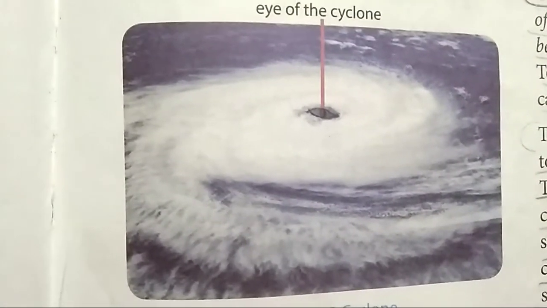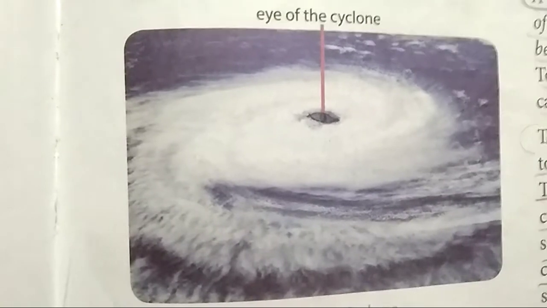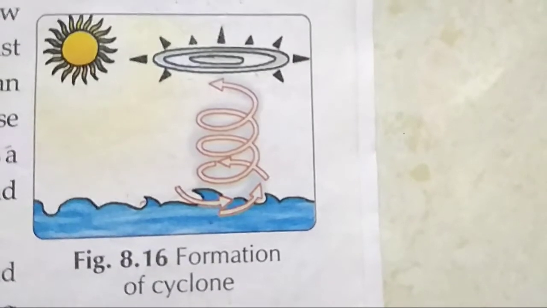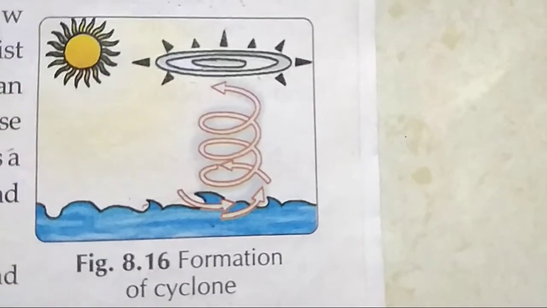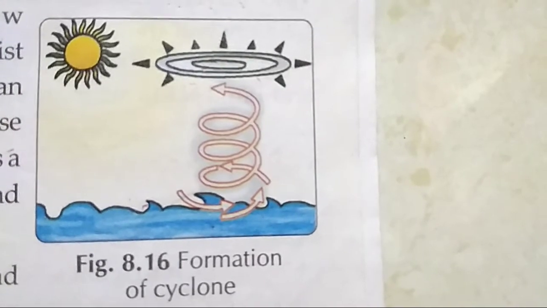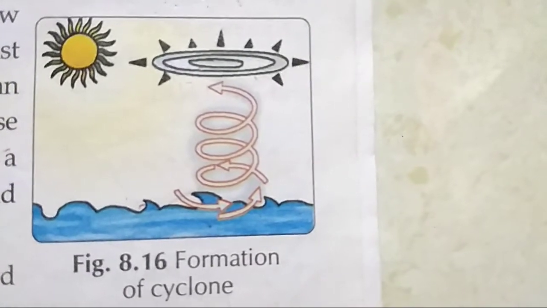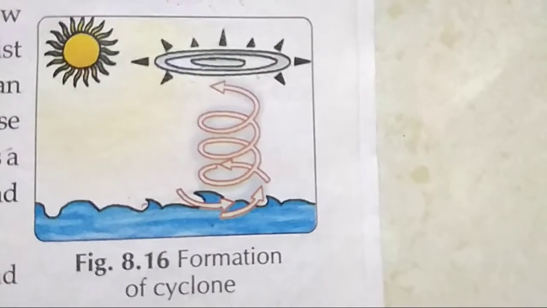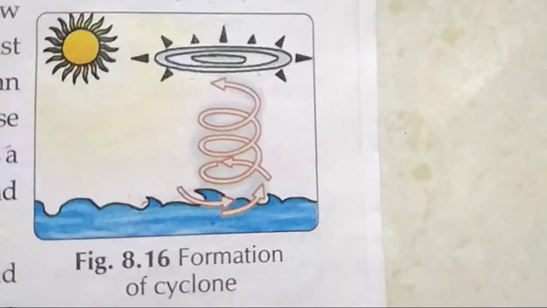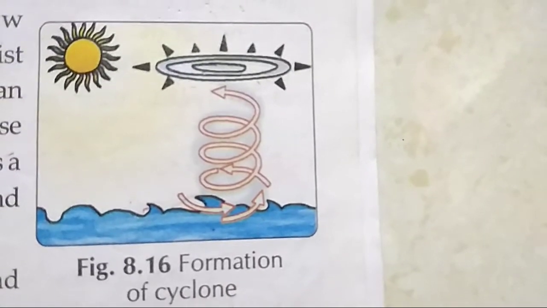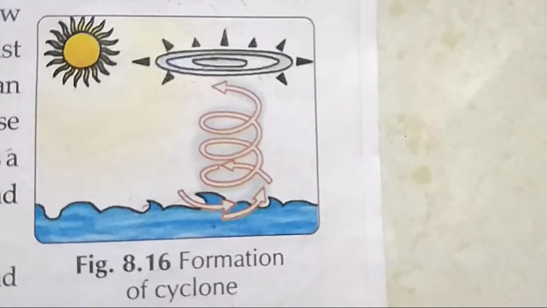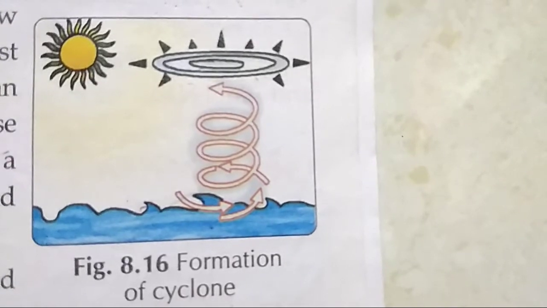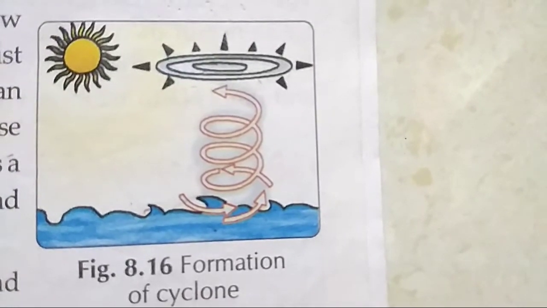Now we will learn how a cyclone forms. We will know how cyclone forms with the help of this diagram. In earlier classes we have learned how clouds form. So we have learned that water bodies are heated by the sun rays, and air that is over the water bodies gets heated, and being lighter, this air rises up and it reaches high up in the atmosphere.